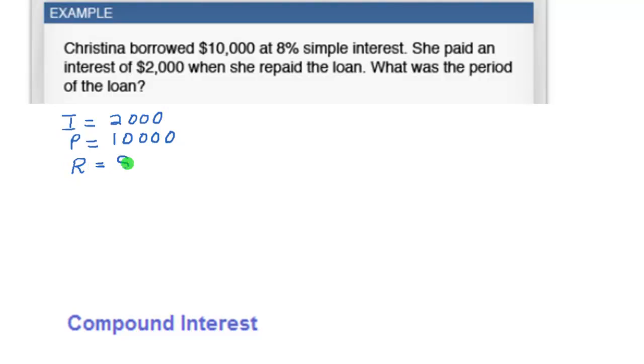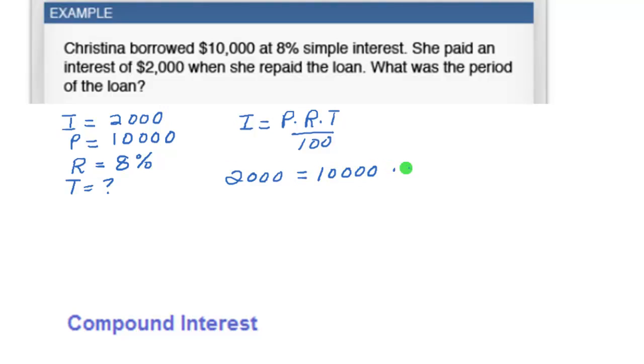R is 8%, and we're looking for T. Remember, I equals P times R times T over 100. So 2,000 is equal to 10,000, that's our P, times 8 times T over 100.